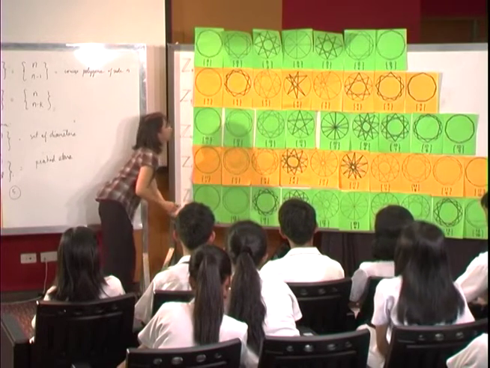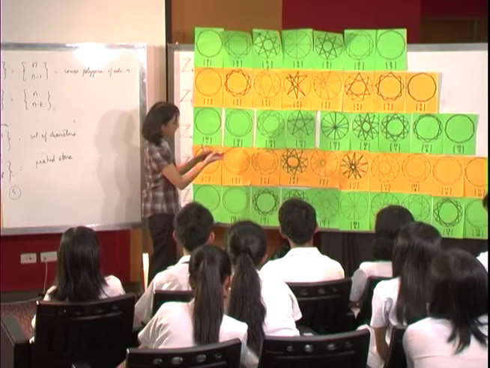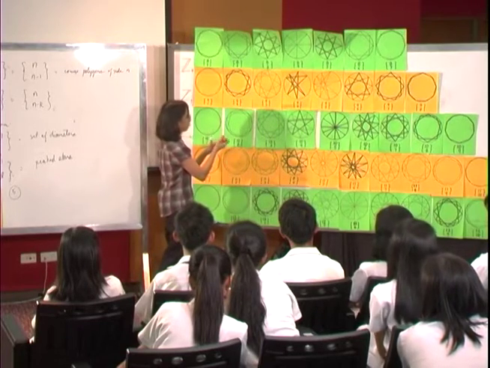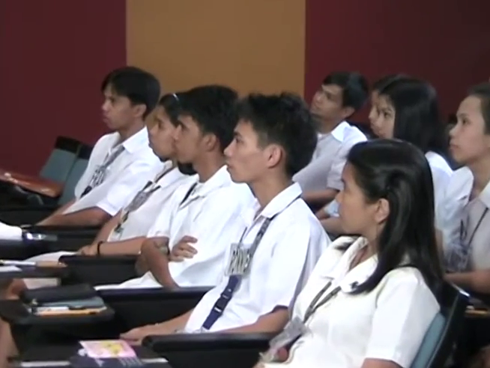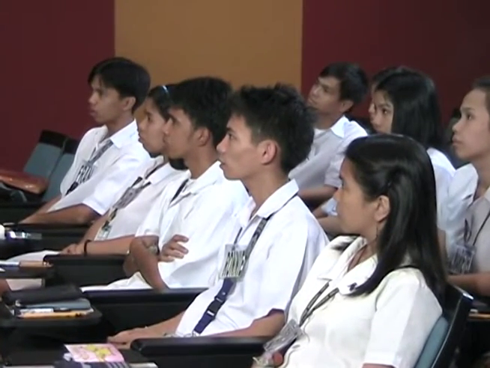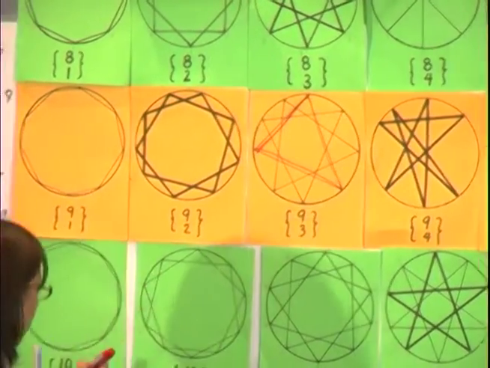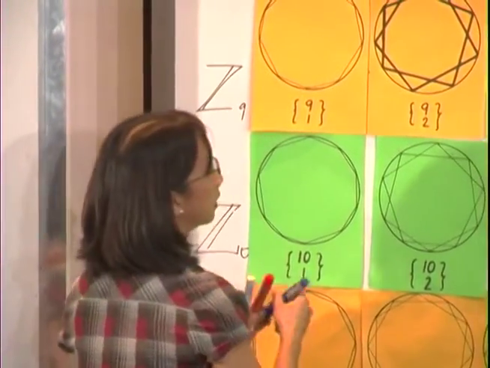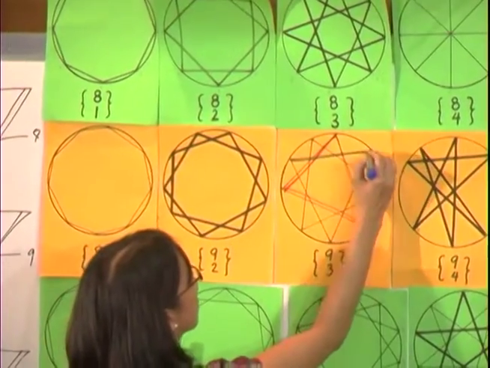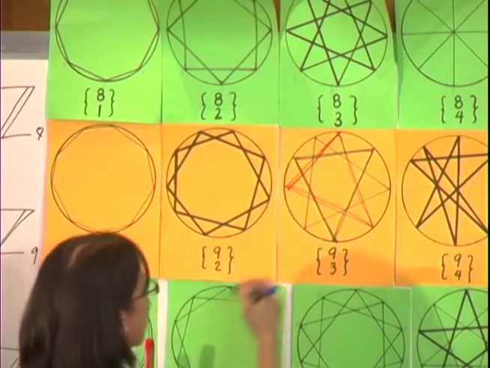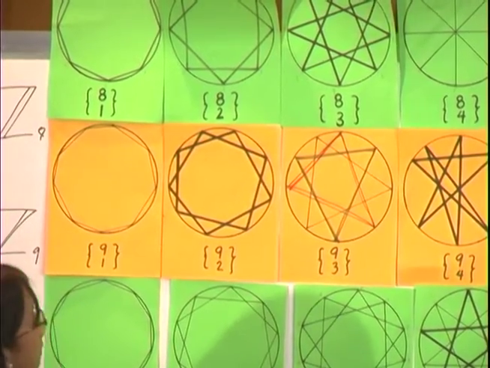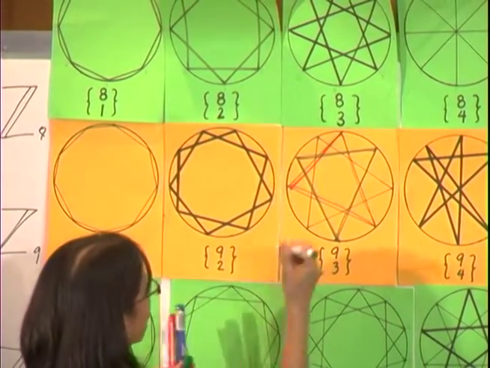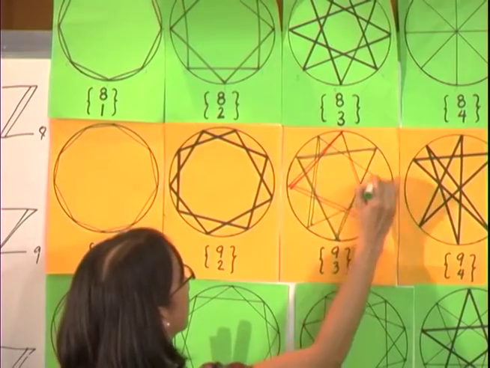Let me highlight it first. So when we did 9, 3, we were able to form this. That would be 1. This would be another 1. And this would be another 1.